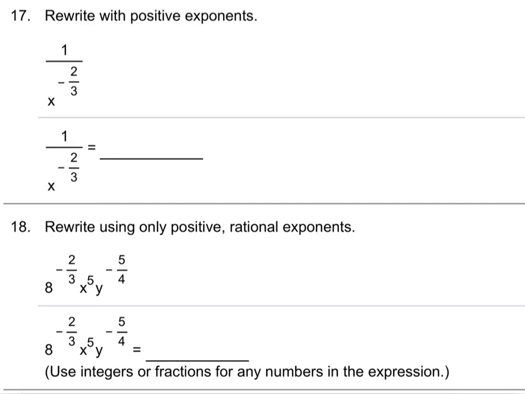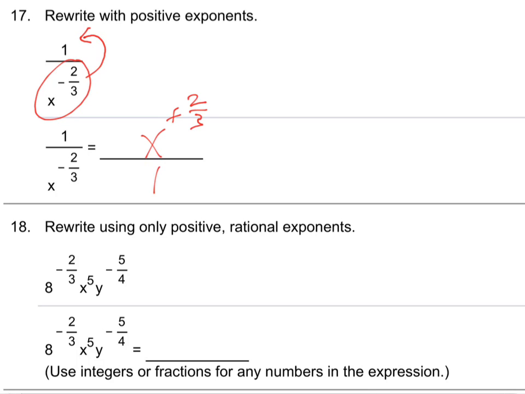Okay, let's try that one. Same thing. They want me to make the powers positive. So this negative power is going to jump up to the top. Huh? It starts on the bottom. It'll jump to the top. Become x to the positive 2/3.